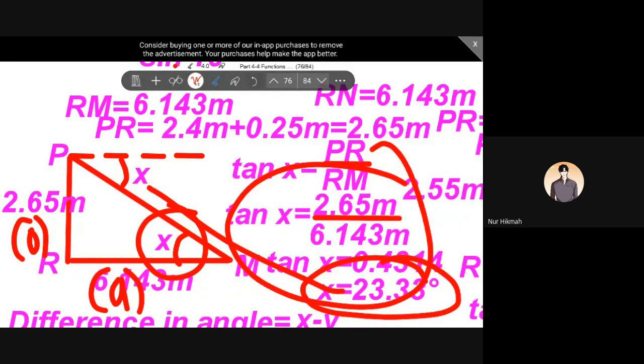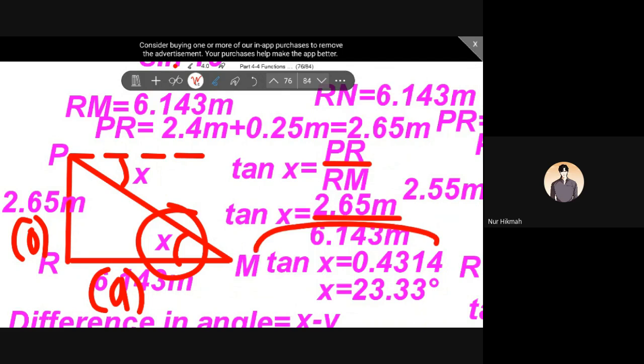Yang ni kamu tahu tak how to do in the calculator? Kamu tahu tak macam mana nak pergi dari tangent X ke X? Do you all know? Macam mana nak kira nilai X tu guna calculator? If you all don't know, boleh bagi tahu macam mana nak guna calculator kat sini. Tahu, okay, good. Kamu guna calculator mana, Hana?